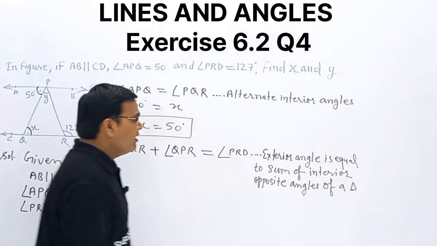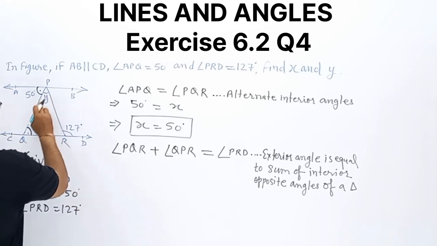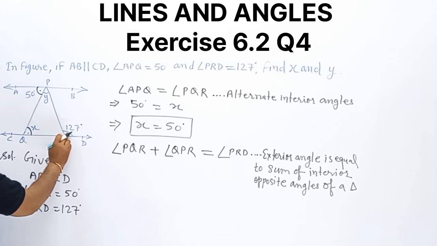One property we have in a triangle: if a triangle has an exterior angle, then the exterior angle will be equal to the sum of the interior opposite angles of the triangle. This angle will be equal to the sum of the interior opposite angles, which are these two angles. So we can say this angle plus this angle equals this one.